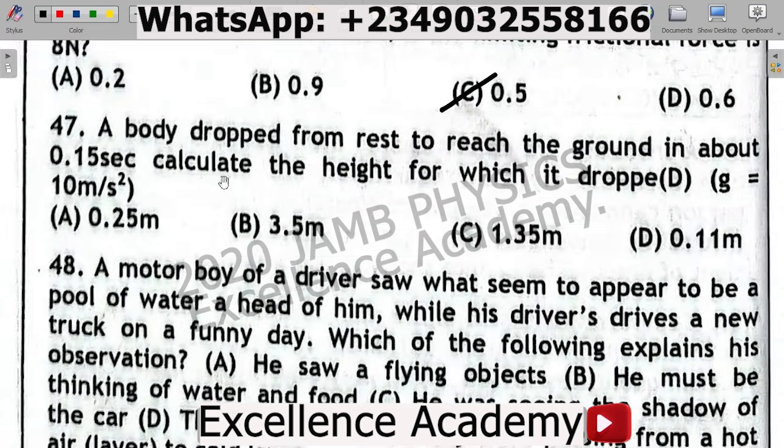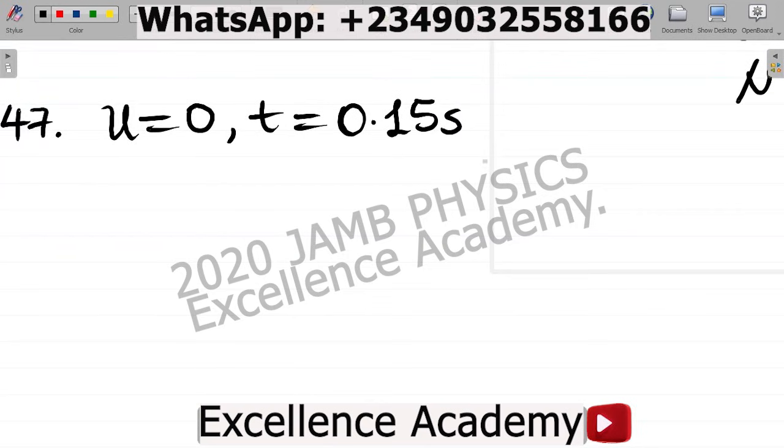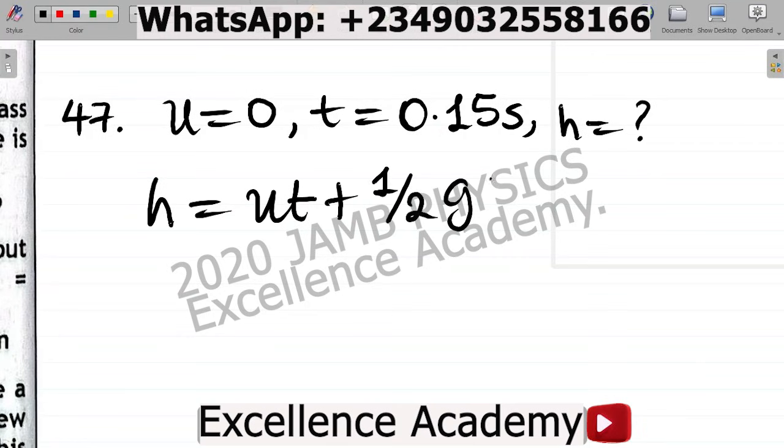They said calculate the height from which it dropped, so we're looking for height, H, which is unknown. For this question, we'll use the free fall equation, H equals ut, and since the body is falling towards gravity, plus half g t squared. This is what you have.